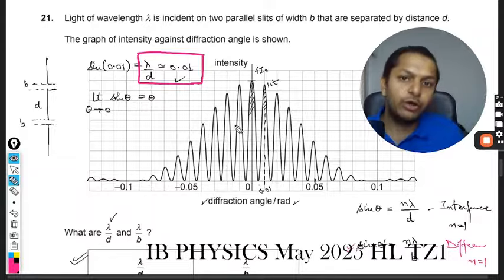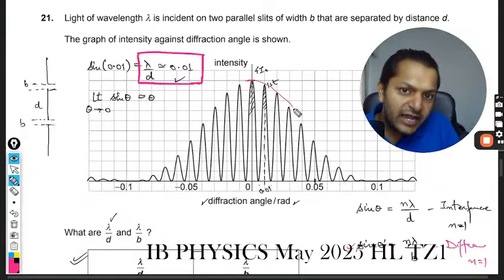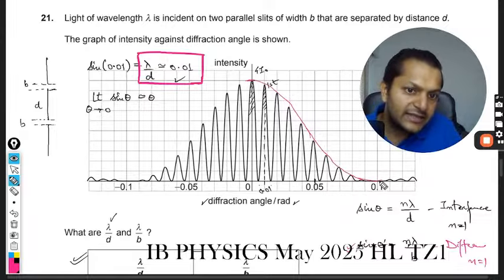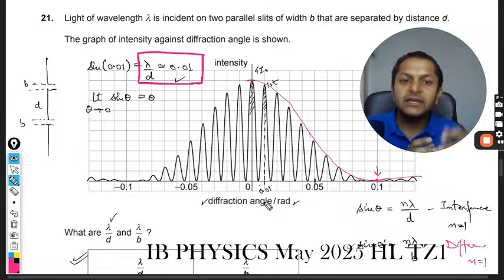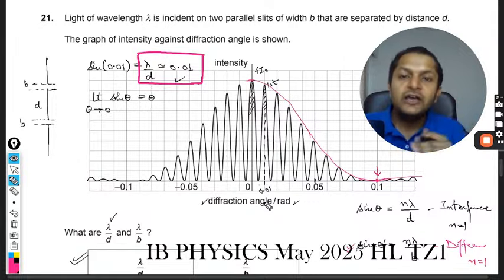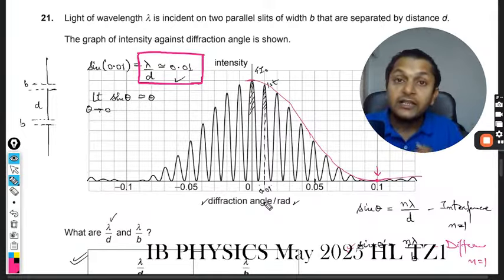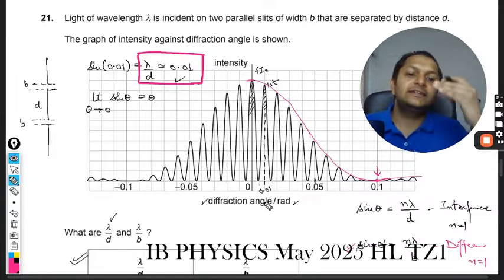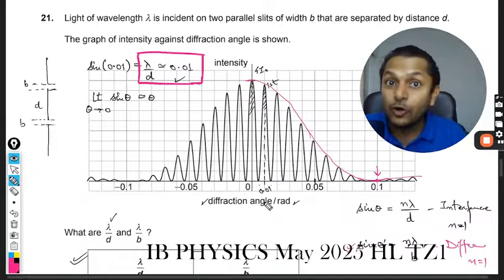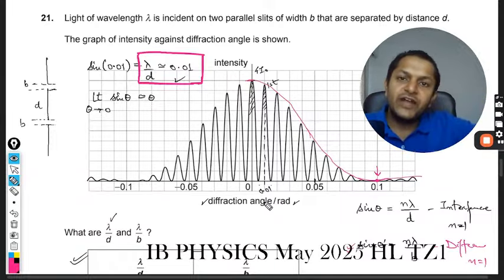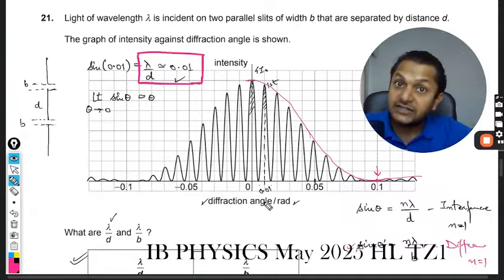Now where is that first dark point? The diffraction curve can be created somewhat like this. So I can say that it is getting a dip at 0.1. That will be the point where the diffraction minima is superposing the interference maxima. And that is why our net output at 0.1 is becoming 0, because diffraction is modulating the interference pattern, making it 0.